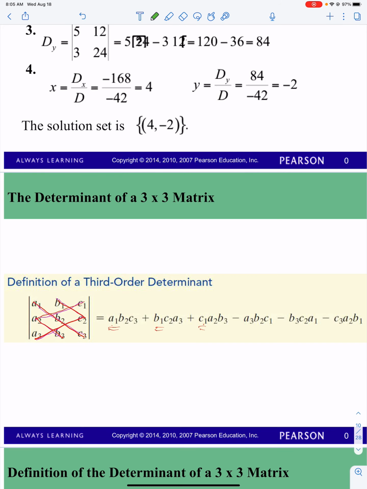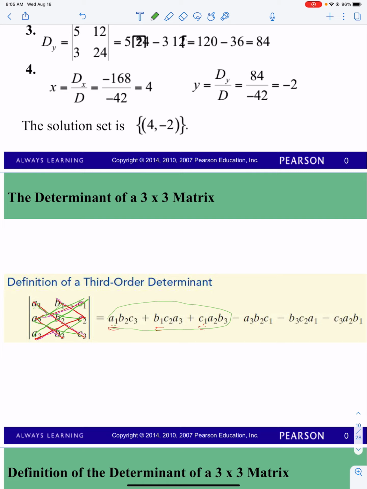Then you will have the bottom one, B3 C2 A1, and C3 A2 B1. Okay, are you with me? So what I noticed is that for the first three positive terms, you always start with A1, B1, C1.